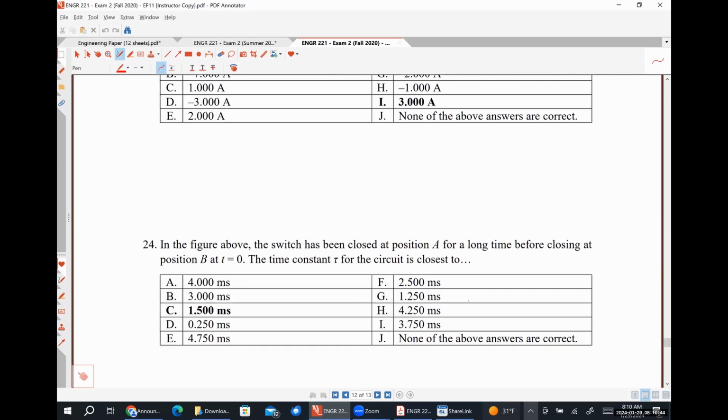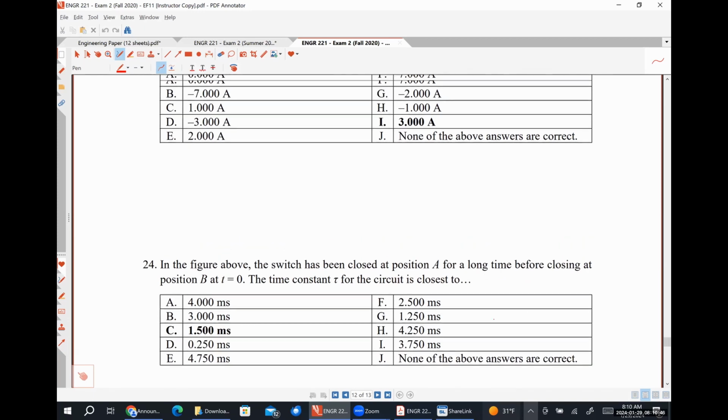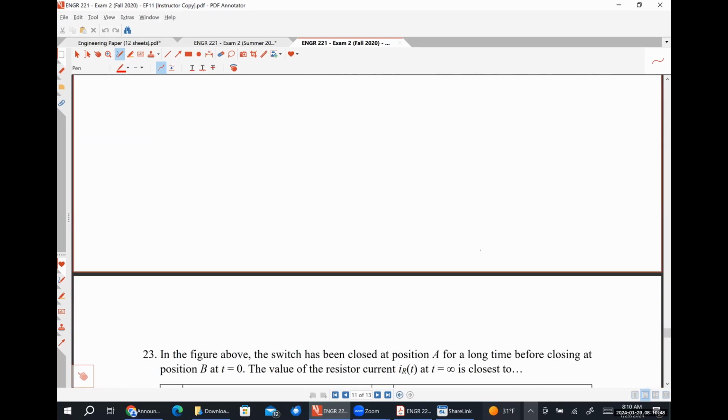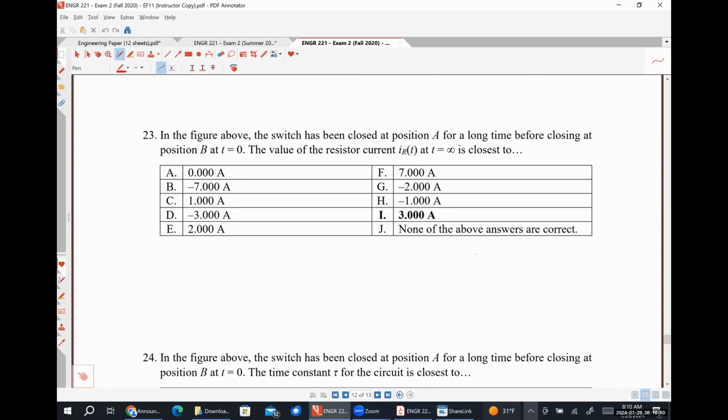You said 24, right? Which problem again, Patrick? My memory is that of a goldfish. All right, while he's getting stuff sorted out, somebody else asked. Number 24. So time constant. Okay.